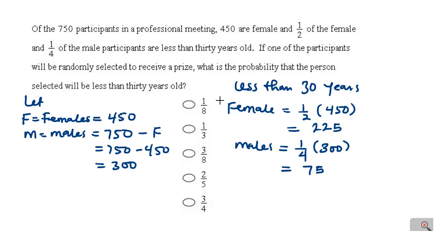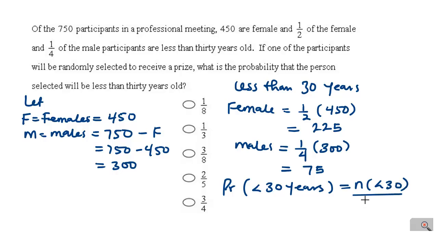So the question now says, what is the probability that a person selected will be less than 30 years? The probability of those less than 30 years will be the number of those less than 30 years over the total number of people.